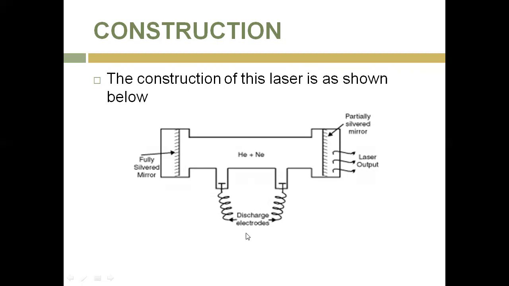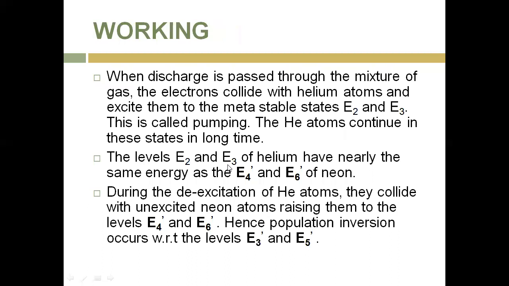By applying potential to the discharge electrodes, the electric discharge will happen and electrons will be released. Those electrons collide with the helium atoms which are in the lower energy level, that is the E1 energy level.